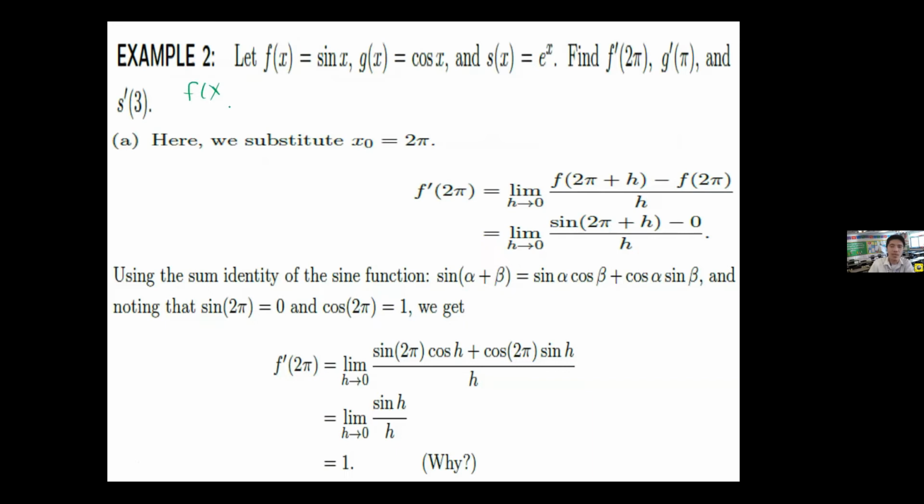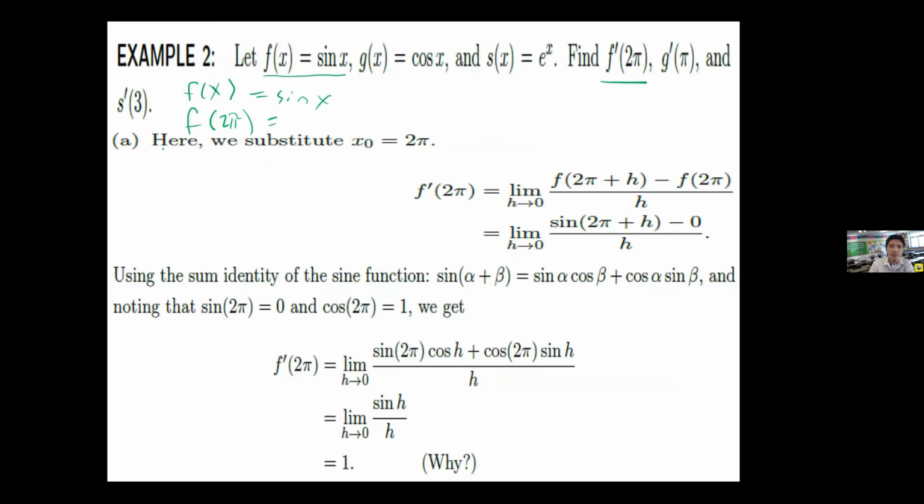This time, ang given ani is x na gyud. So ang f of x nato, di ba kani mao maning f of x equals sin x. Kuhaon nato si f of 2 pi, kay ang gipangita is derivative ni f of x at 2 pi or f prime of 2 pi.